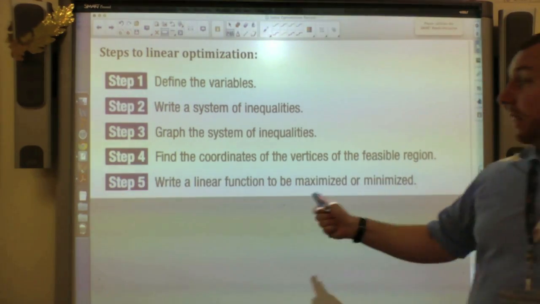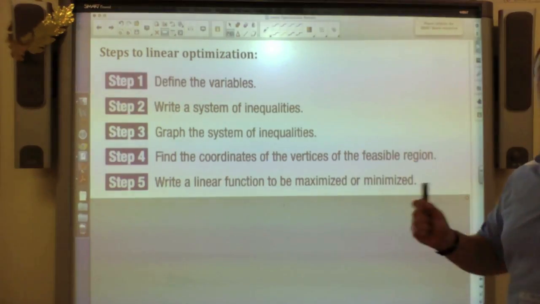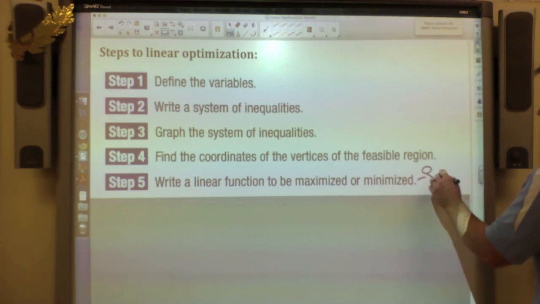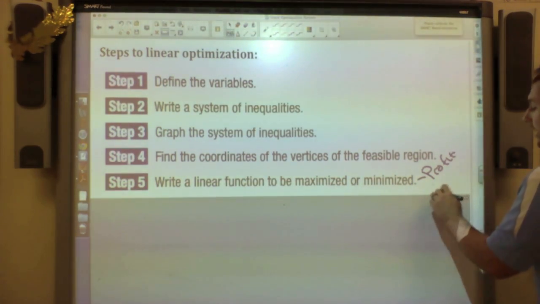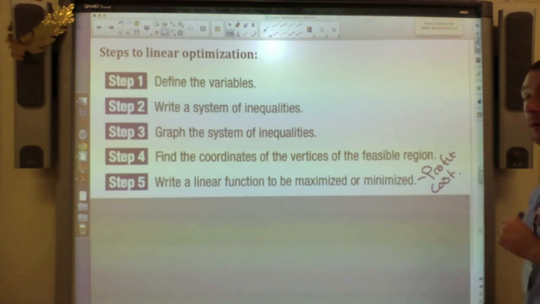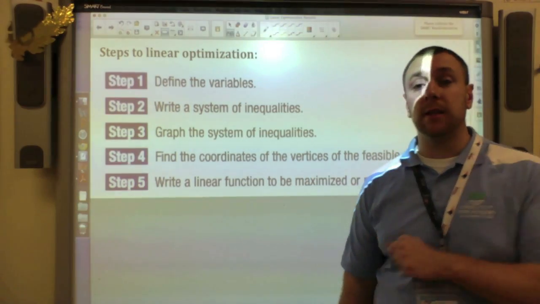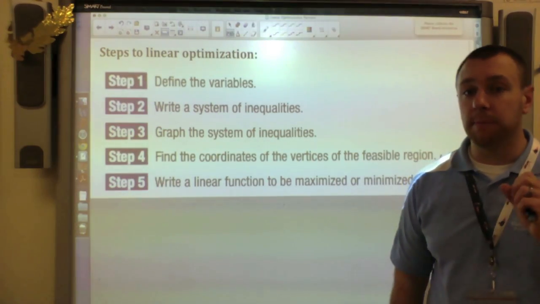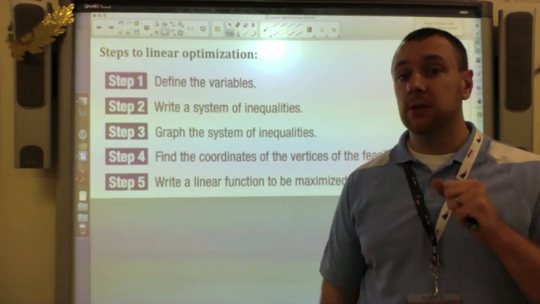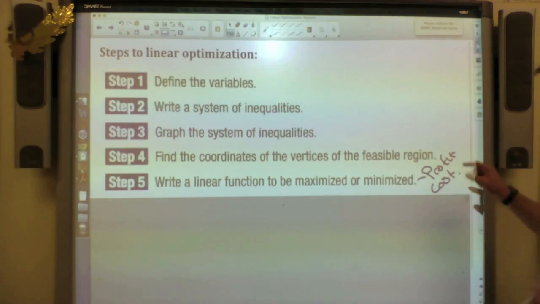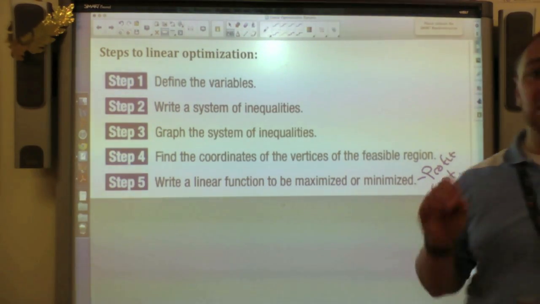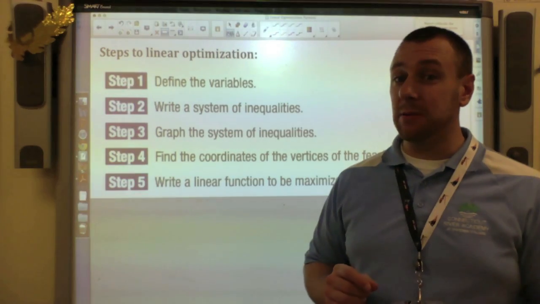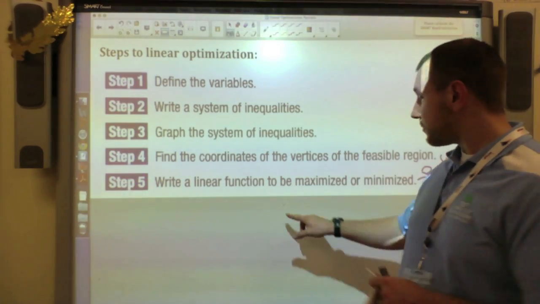Then we write the linear function to be maximized or minimized. This is what I'm calling the profit or the cost equation. Most times we're trying to find the maximum profit or the minimum cost. That's the biggest thing. It's profit or cost, and it's going to tell you what to maximize and what to minimize. That's where you're going to find the equation.